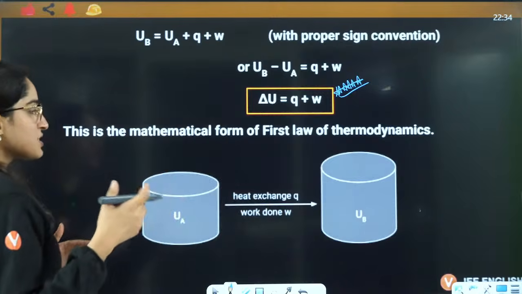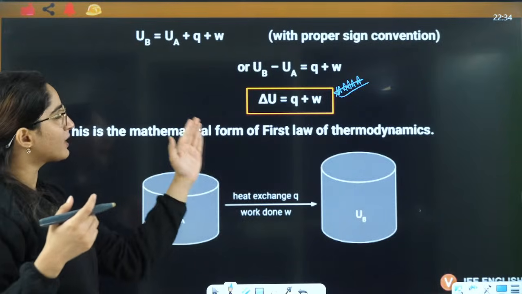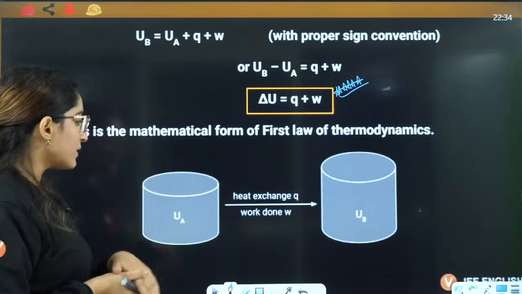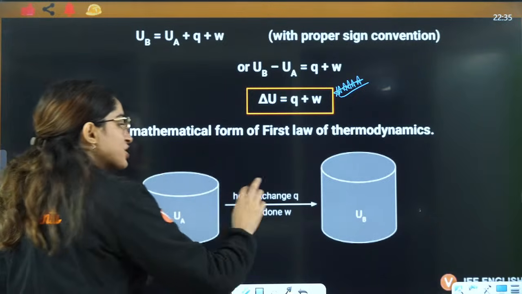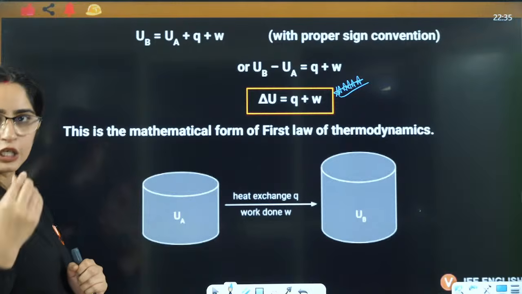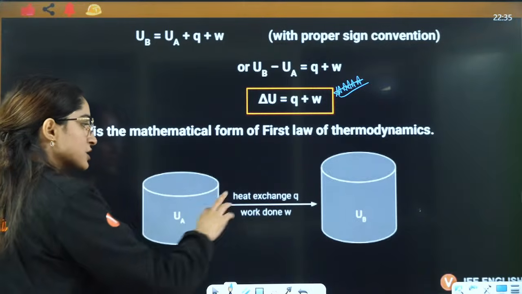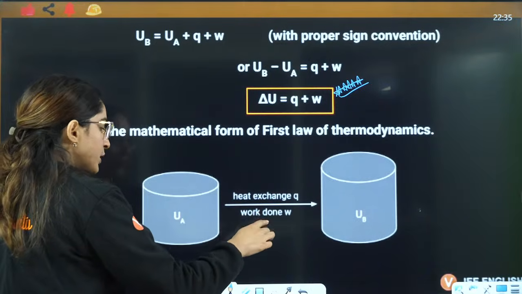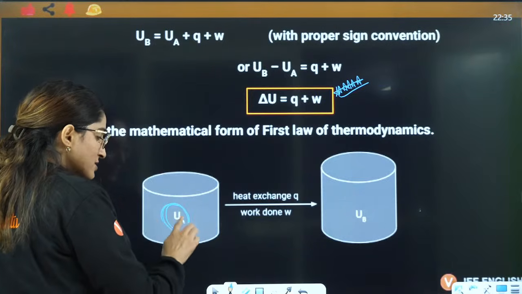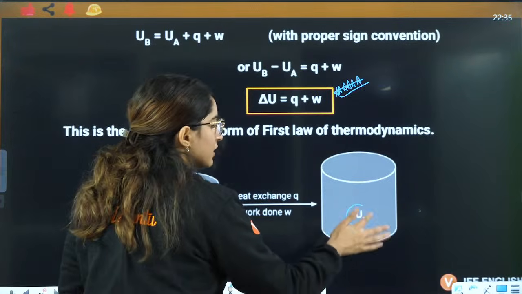Work sign conventions we have already seen. This is the mathematical form of the first law of thermodynamics: whenever heat exchange is there, heat exchange is Q. Work done is W. Initially, UA is the internal energy, and the final internal energy is UB.